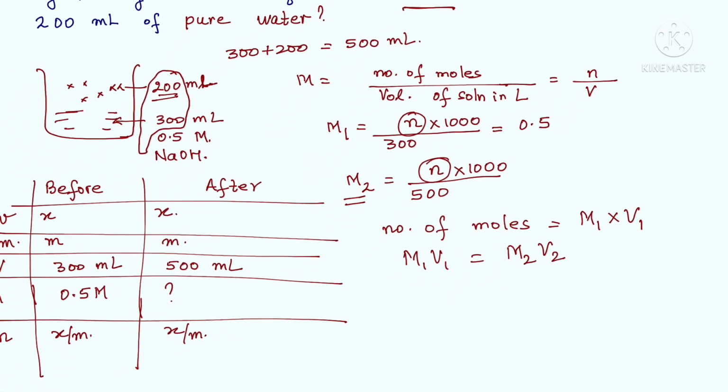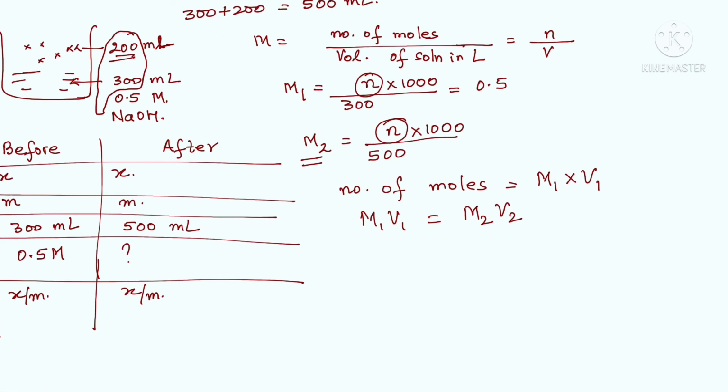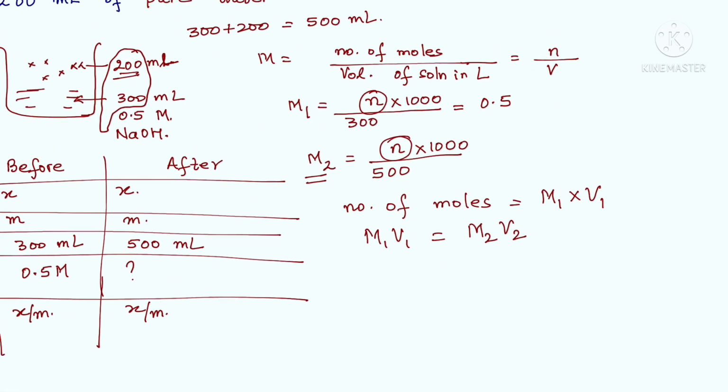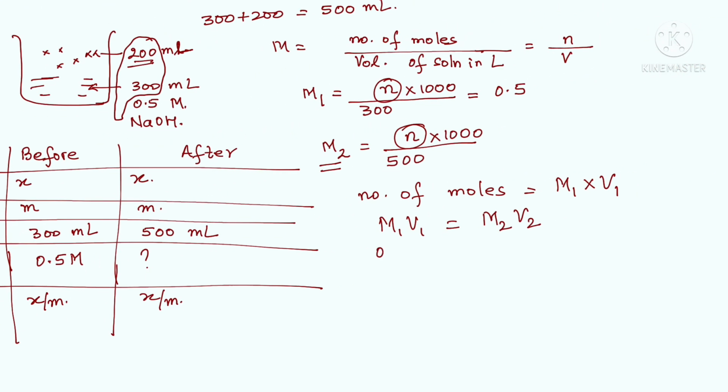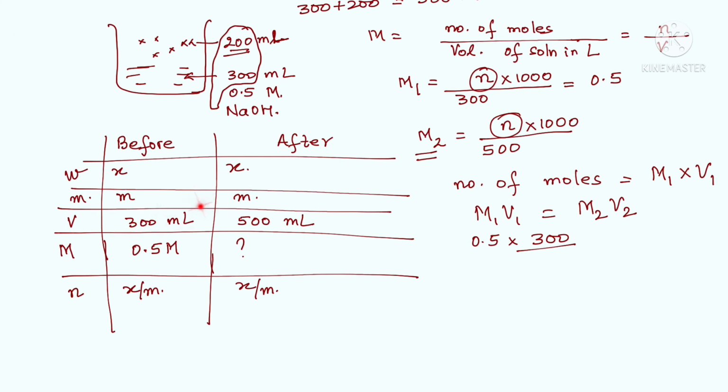Now it's easy, right? Go ahead and solve it. If you've understood the logic of this, then you can directly substitute the values. Molarity earlier was 0.5. Volume, I'm going to put directly as 300. I'm not changing it. If you see over here, both volumes are in milliliters.